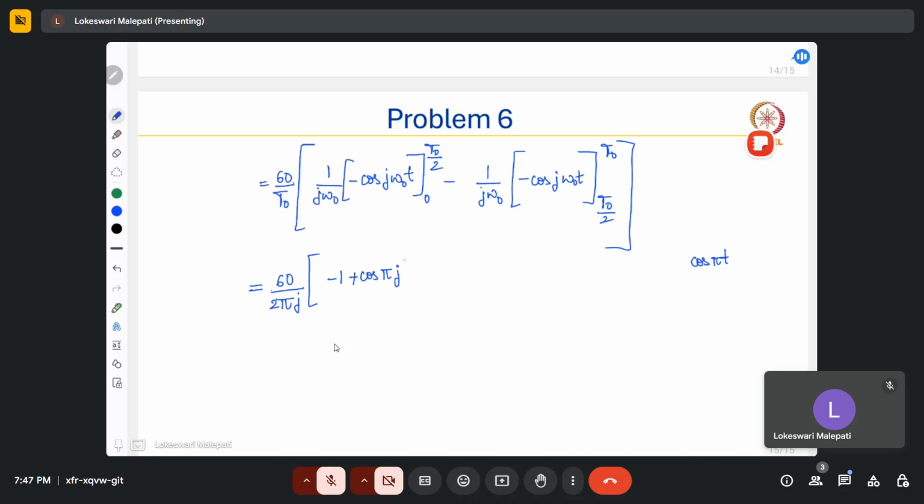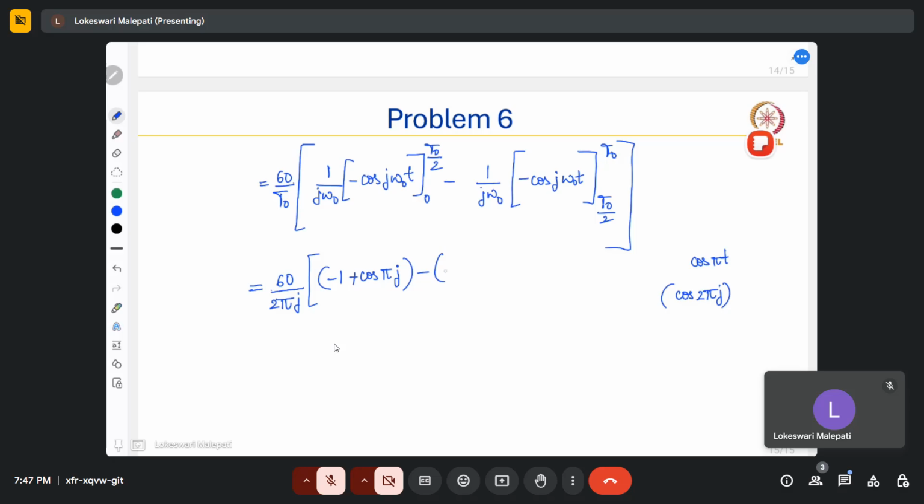And then minus cos of 2 pi j, and for all integers this value would be 1.